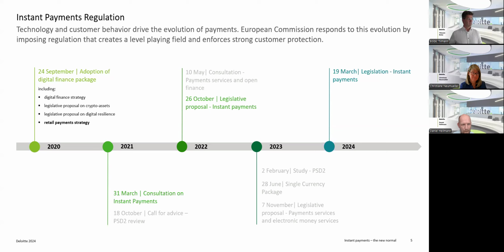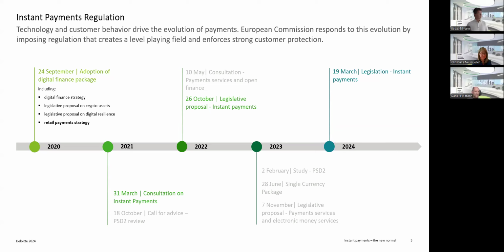So the European Commission took it seriously and started already in 2021 with the consultation on instant payments, and then after a public and a targeted consultation came up with a proposal on the instant payment regulation in 2022, and already in this year the instant payment legislation was published in the Journal of the European Union.